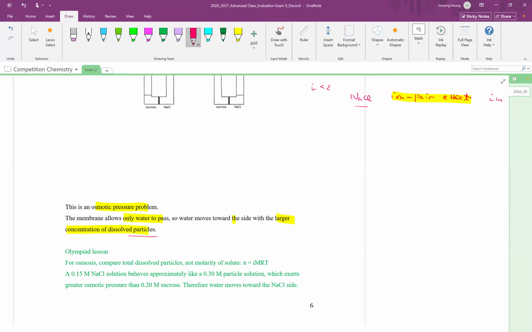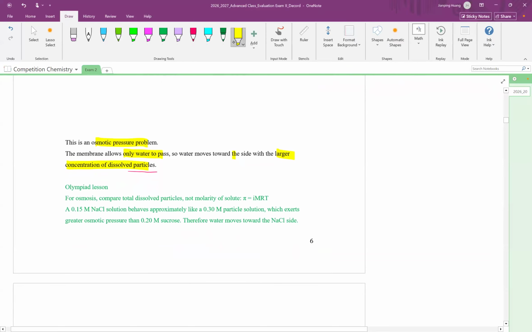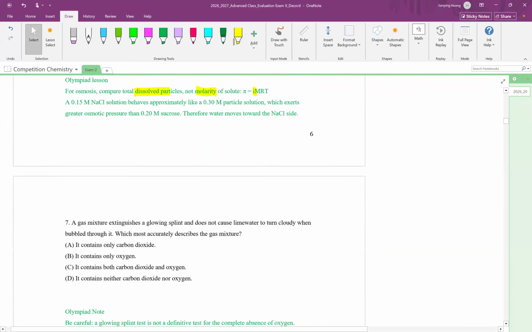That particle could be ions. Use particles. Okay. What can we learn? So we compare the total number of particles, not molarity. Use this one. Okay. You got it? Yeah, that's the way. Okay, go to the next one.